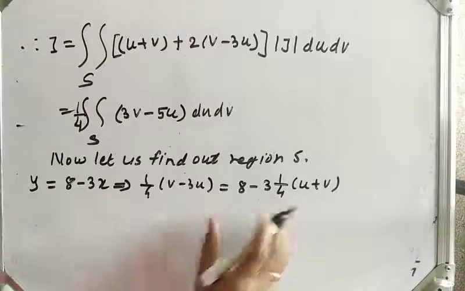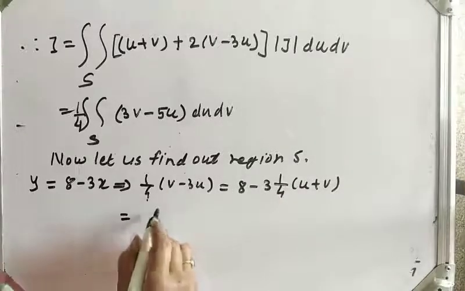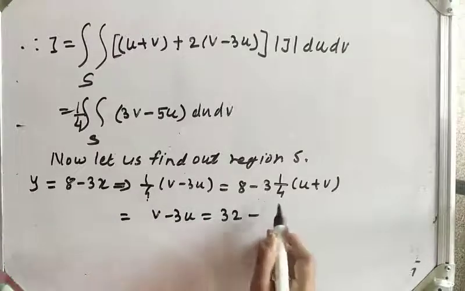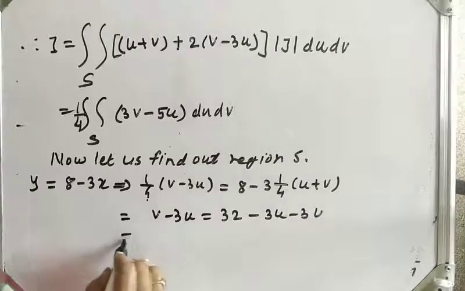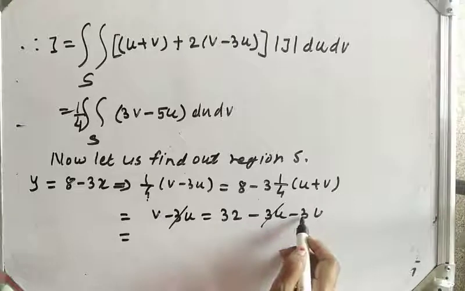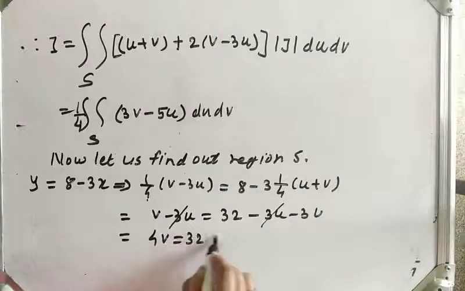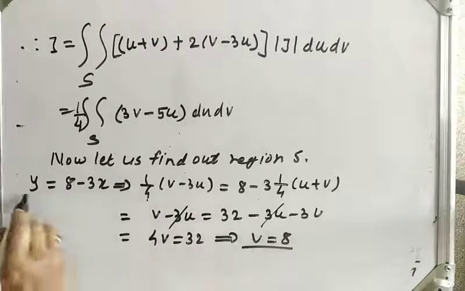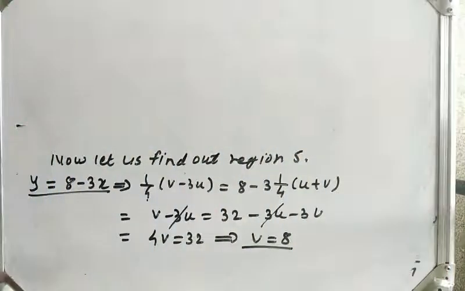Let us multiply by 4 throughout, so the 4 cancels: v minus 3u is equal to 32 minus 3u minus 3v. The minus 3u cancels, and shifting 3v here, 4v is equal to 32. This implies v is equal to 8. This is from the first equation of a line in region R.